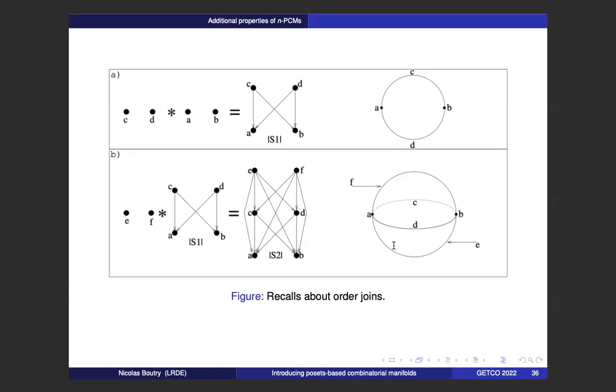Okay. The definition of the join operation is that you have a first relation in this poset, and a second relation in this poset. The relation of the join of the two posets is in fact the union of the order of this one with the order of this one, with the Cartesian product of the one you put at the top, in this case this one, with the other ones.